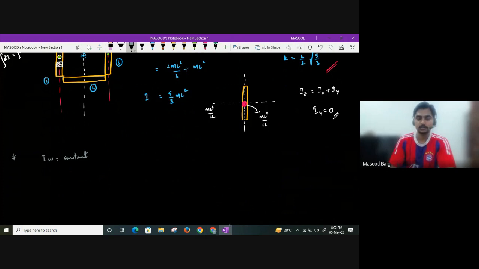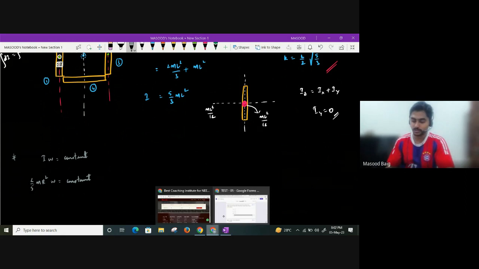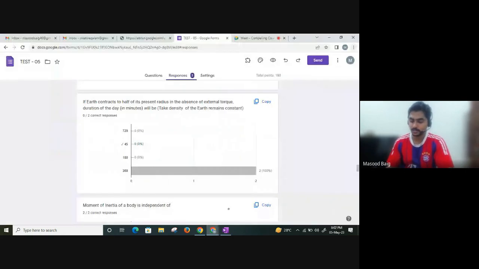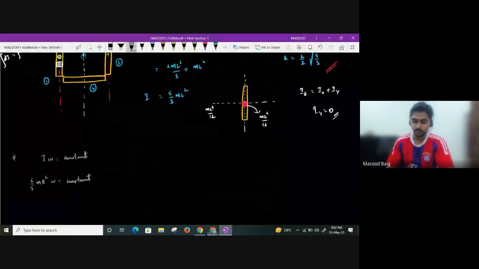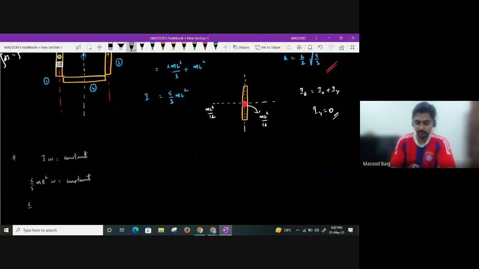Earth is considered to be a sphere. So what can we write? 2 by 5 mr square into omega should remain constant. Again, they are saying that mass is not changing, take the density of the Earth as constant. So in terms of density, I need to write mass as density into volume.